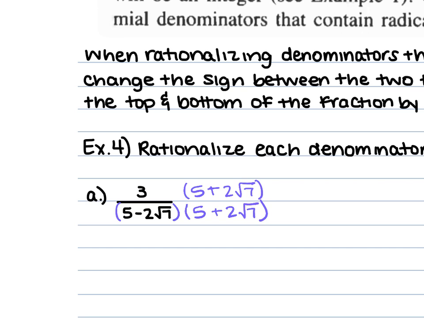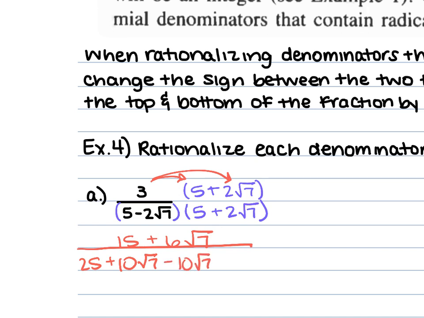We distribute that 3 in on the top and we FOIL on the bottom. This is going to give us 15 plus 6 square root 7 all over: the 5 times 5 is 25, plus 10 square root 7 minus 10 square root 7 minus 4 square root 49.